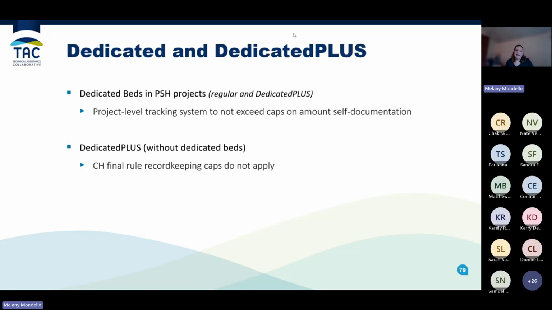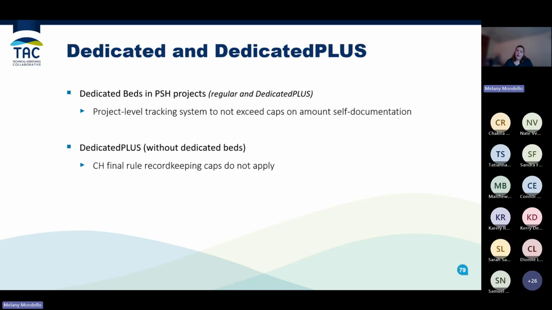So we talked a little bit about dedicated plus and dedicated beds. But what I wanted to highlight here for you, if you're a PSH program, depending on the types of beds you have, depending on what you put in your project application, a bed that is dedicated to serve someone who is chronically homeless, you do have to have a project level tracking system that you're showing that you're not exceeding the caps on the amount of self-certification, self-documentation that people are doing for the number of months they're homeless.